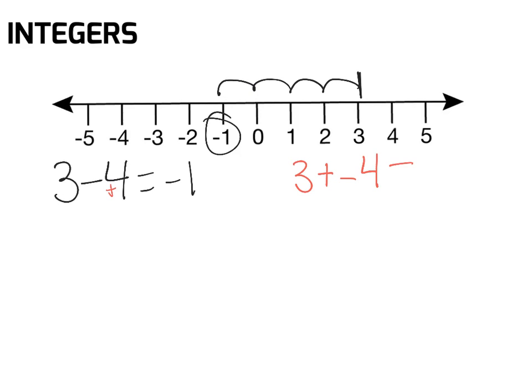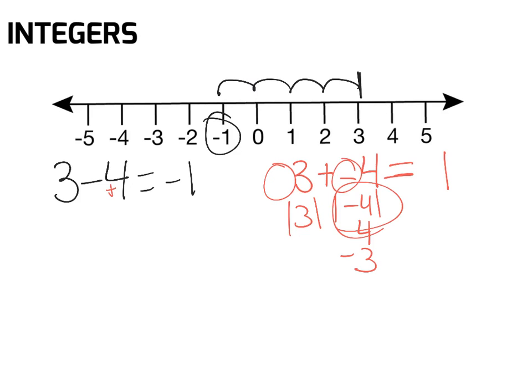Okay, and we learned in the last video that when we're adding opposite signs, we find the greater of the absolute values minus the other one. So 4 minus 3 is 1, because this has the greater absolute value. Then we look at this sign and this sign and go with the greater absolute value.